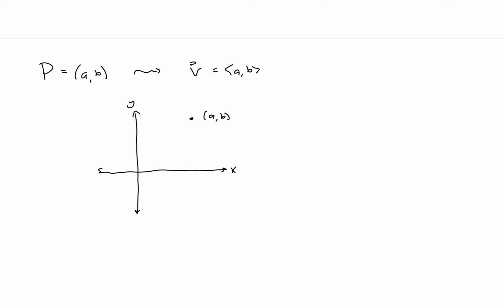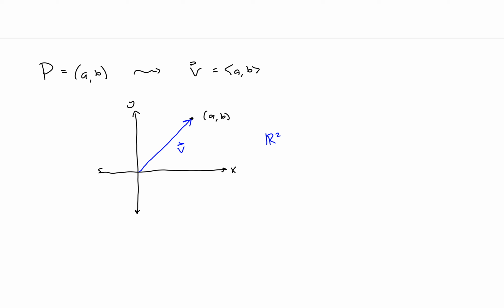Well, it's just the vector that starts at the origin and goes out to the point. So this way we can think of vectors as being in one-to-one correspondence with points in R2. The plane is normally denoted as R2. So we can think of each thing in R2 as giving us a vector as well.